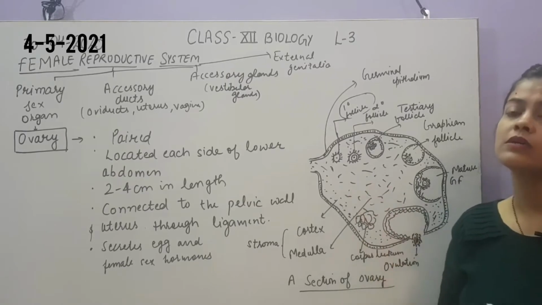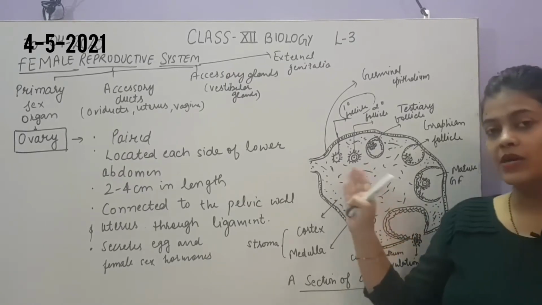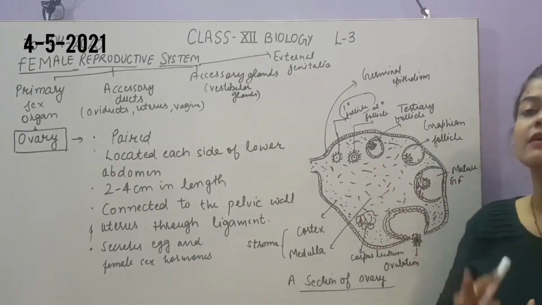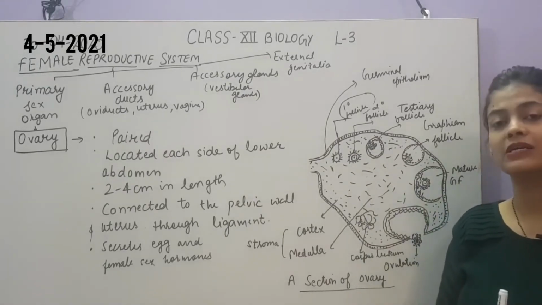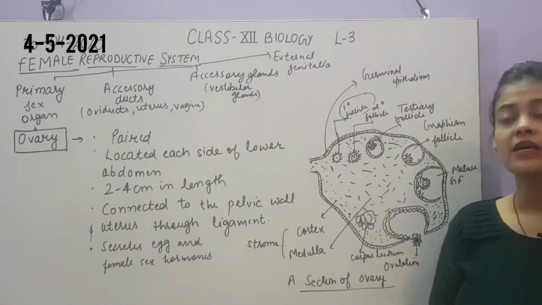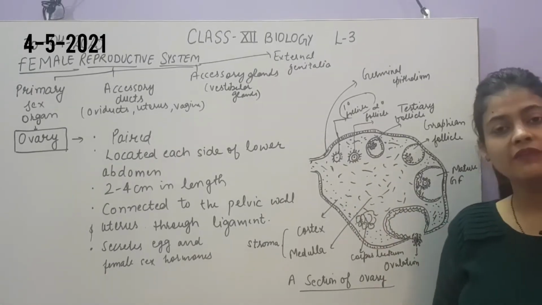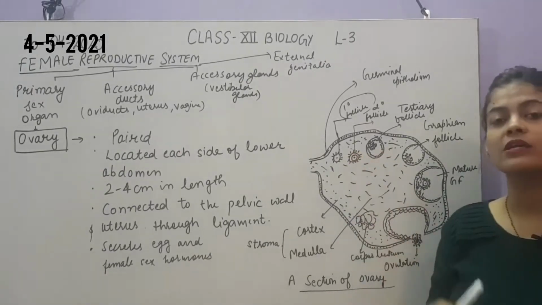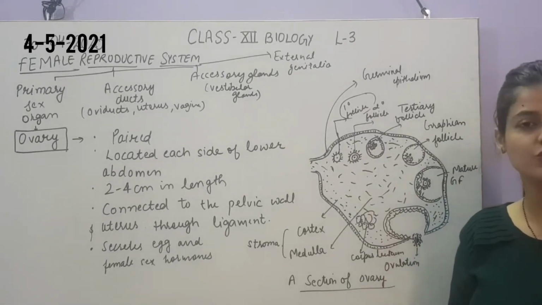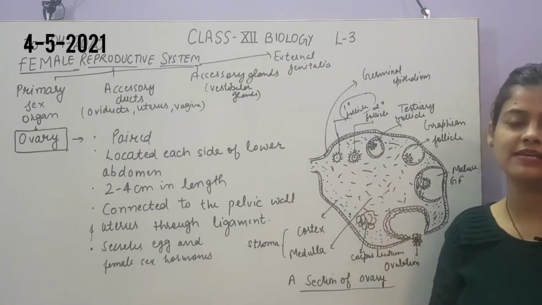It is around lakhs. So this number is fixed, and till the birth these follicles will be formed and saved in the ovary. When puberty takes place, these primary follicles will undergo development and maturation to form the egg cell.